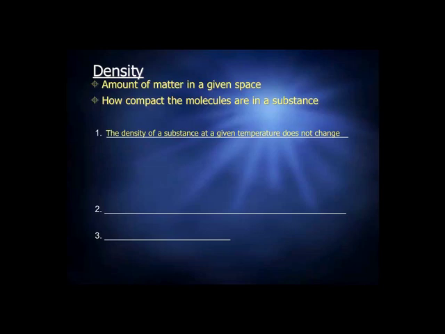So all pure aluminum has a density that's close to 2.7. And it doesn't matter the size or the amount of material. A tiny little speck of gold has the same density as a huge chunk of gold. If I had a piece of aluminum 10 times this size, I'd have the same density as this aluminum bar.